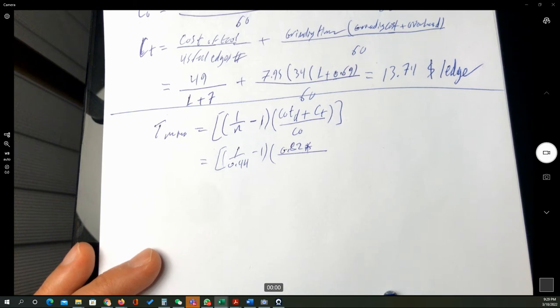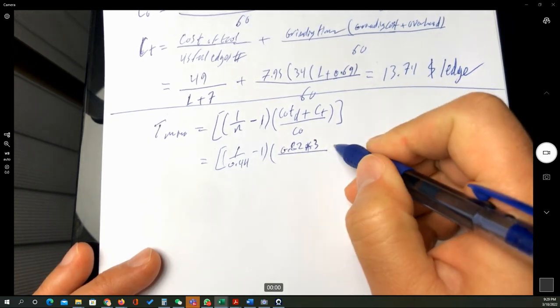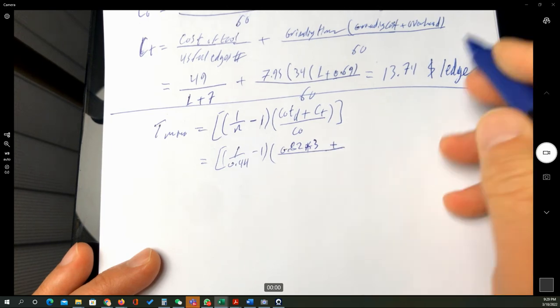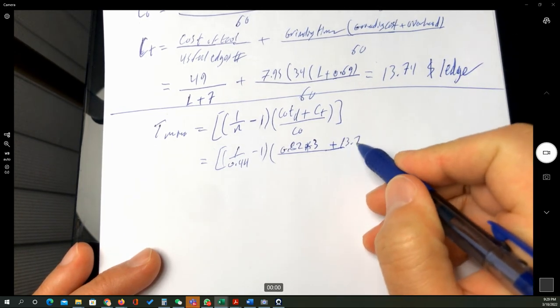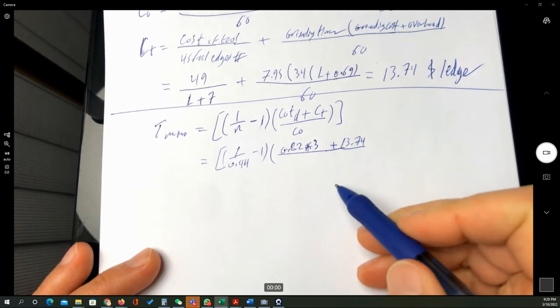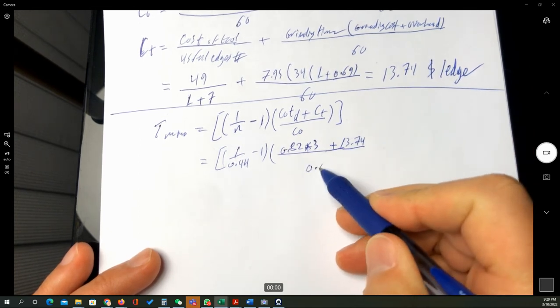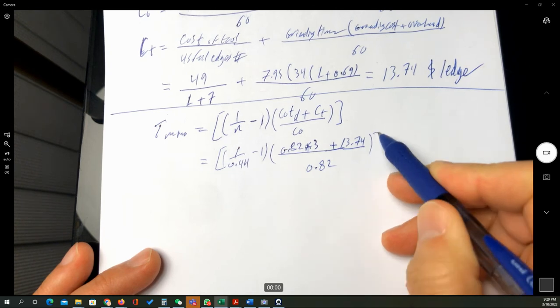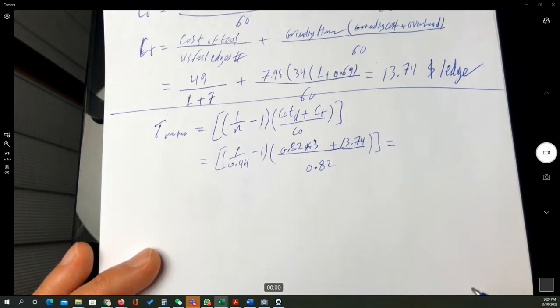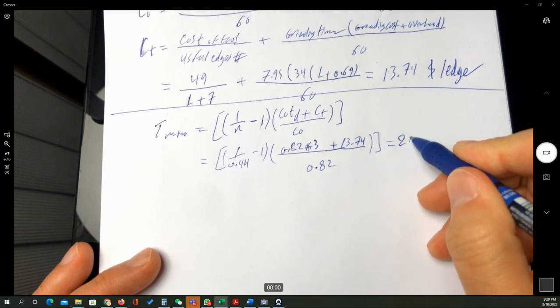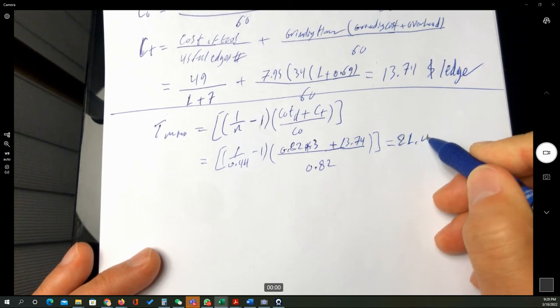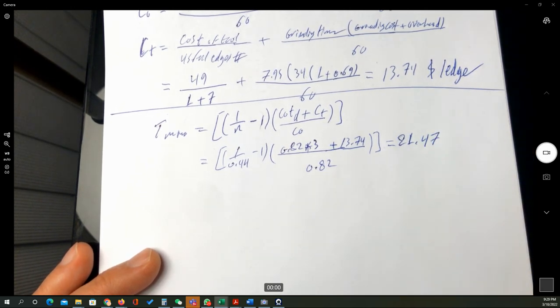So I'm going to multiply that by 3 minutes, and then plus the CT, which is 13.74 dollars per edge, and divide that by the CO value, which is 0.82. Close the bracket, and this will be equal to 21.47 minutes.